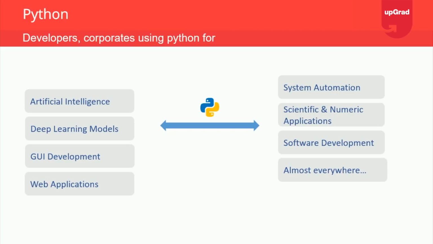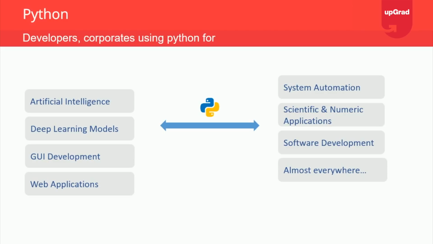There are millions of developers around the globe who are using Python for their day-to-day programming or for product development. There are many developers who are migrating their projects from their native technologies to Python because of its features and characteristics.